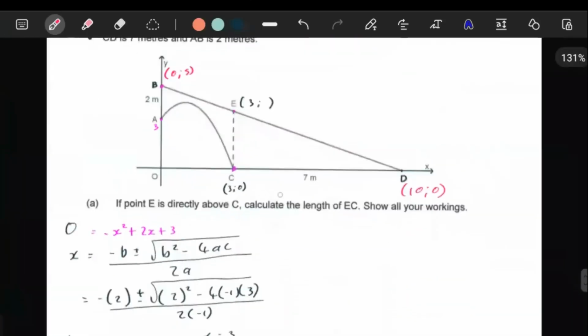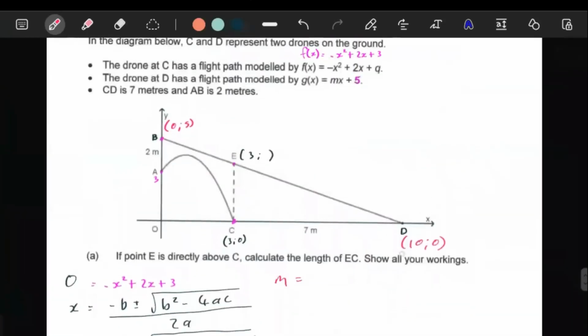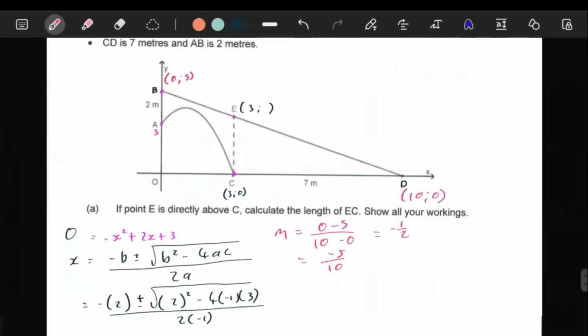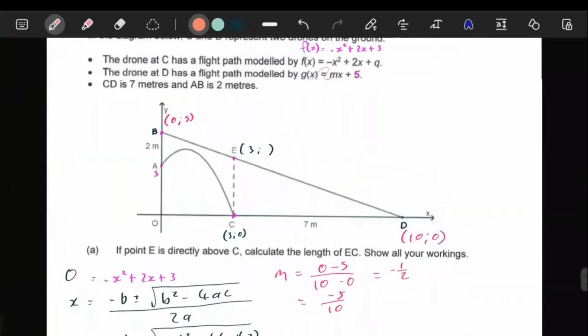So the gradient, which is m, you can just say 0 minus 5 over 10 minus 0. This is -1/2 as the gradient. Perfect. Now you can throw the x value of 3 into your equation of g.